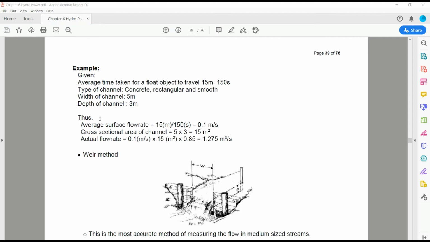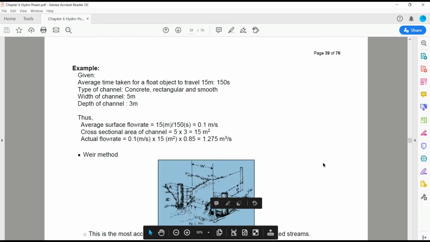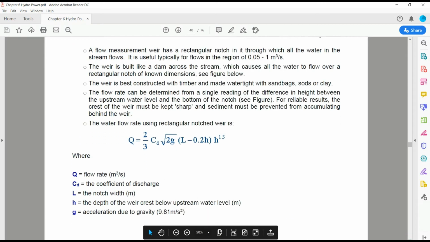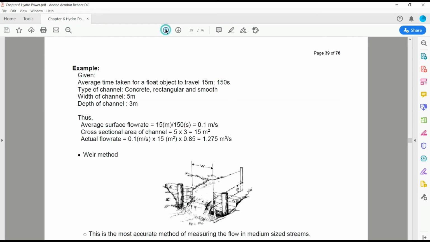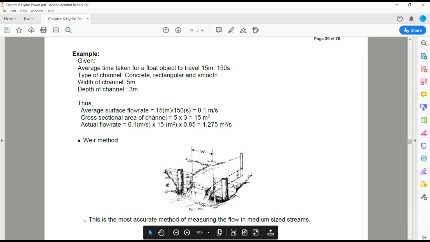So another method to measure the water flow rate is the weir method. So this is the weir using timber. This is the most accurate method of measuring the flow in a medium-sized stream.